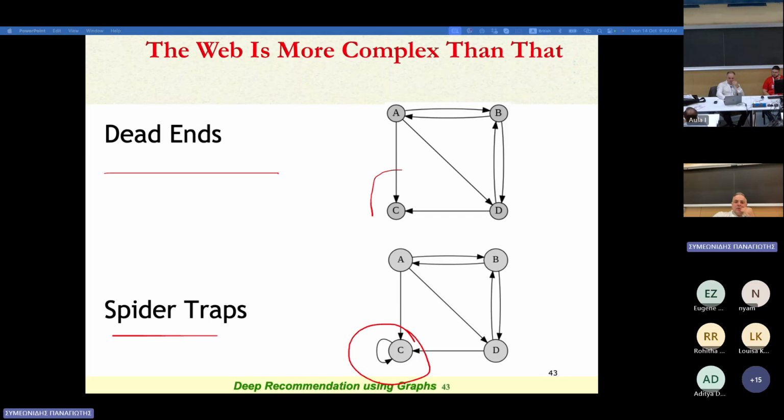In the node C, this is a net dead end, so the random walker cannot continue its journey. Whereas if there is an outgoing link, in this case in the second graph, this is a spider trap, which means that this node will accumulate all the importance of the graph during this multiplication of the transition probability matrix with the vector of the importances V.